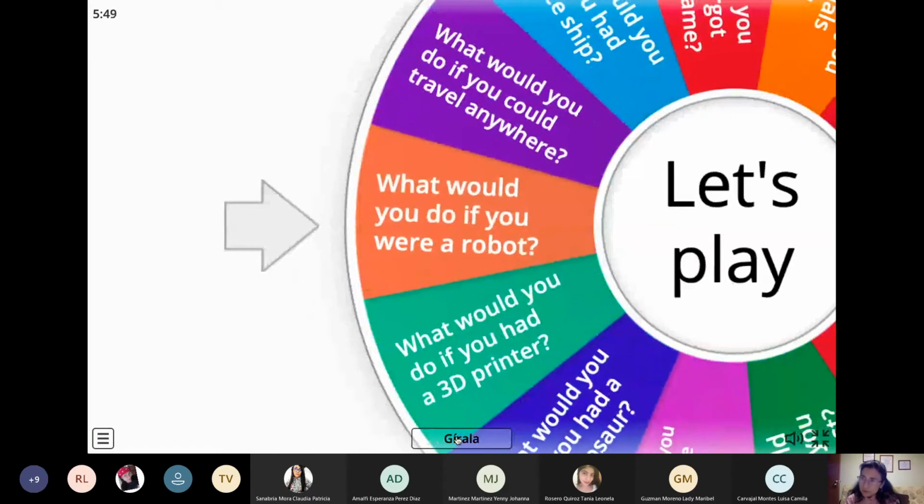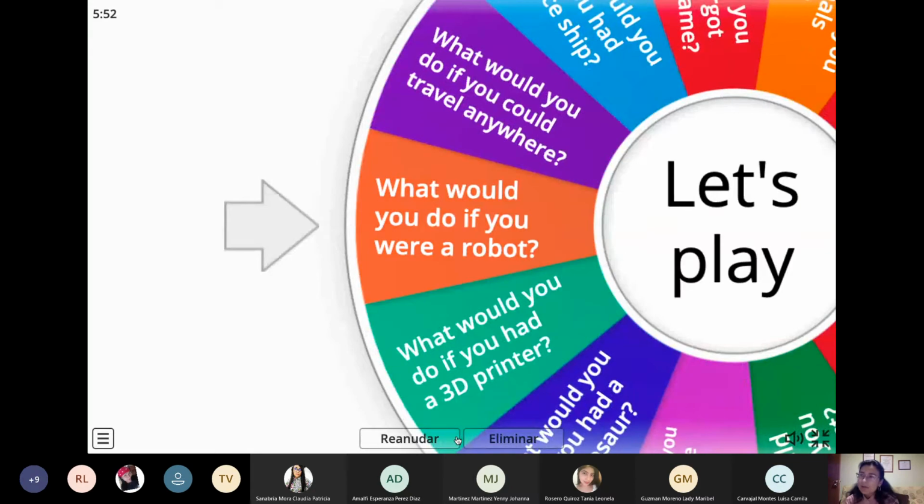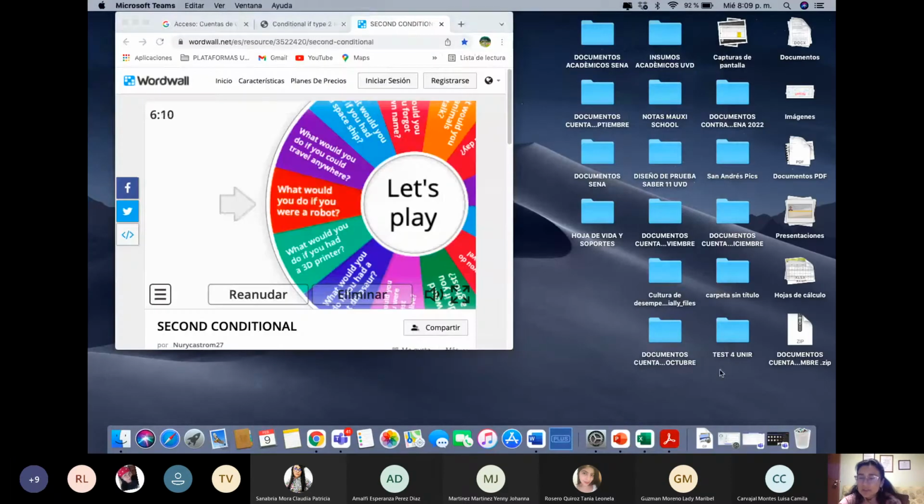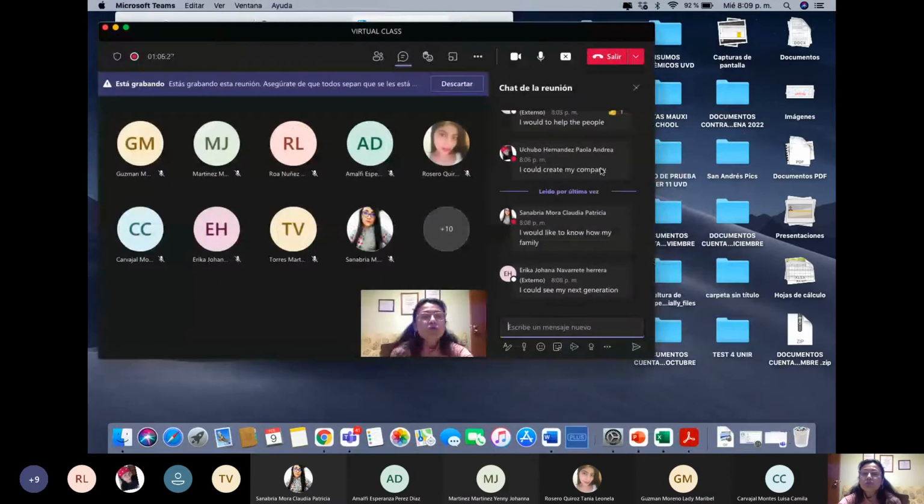What would you do if you were a robot? Imagine that you were a robot. What would you do? Who wants to answer? ¿Por qué se me quedaron todos como silenciosos? What would you do if you were a robot?